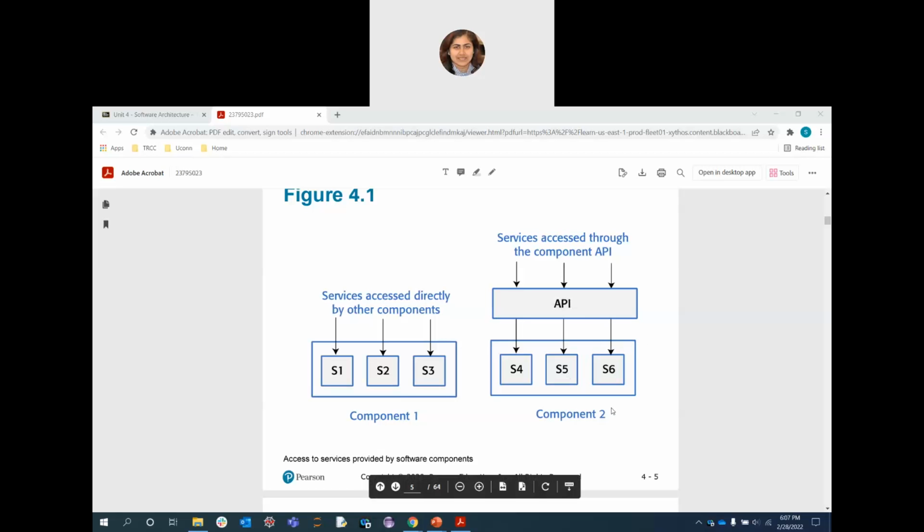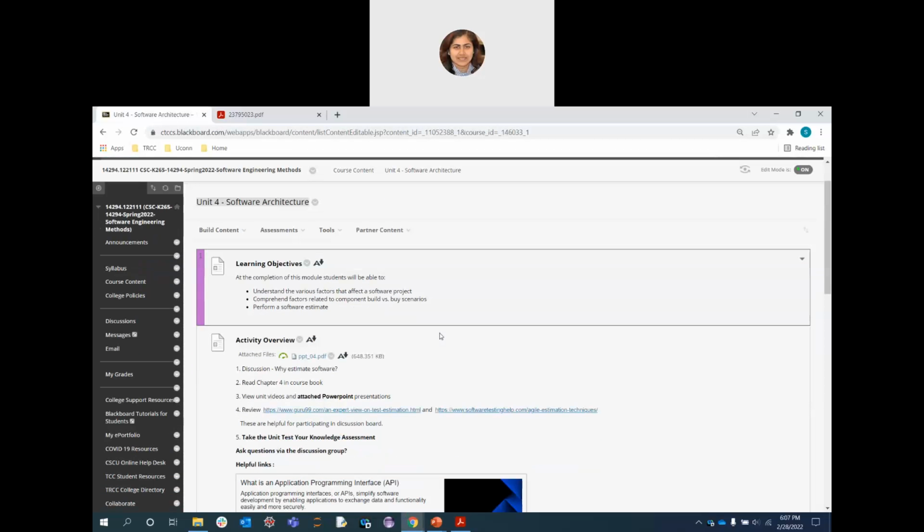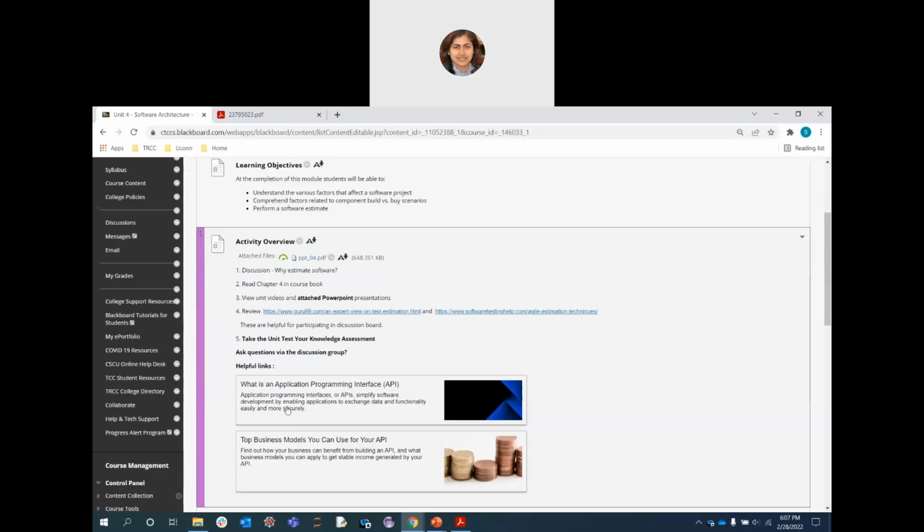This allows services and products to communicate with each other and leverage each other's data and functionality through a documented interface. For more details about APIs, you can follow the links I provided. Go through them to get more understanding about APIs and how they are deployed with various services.